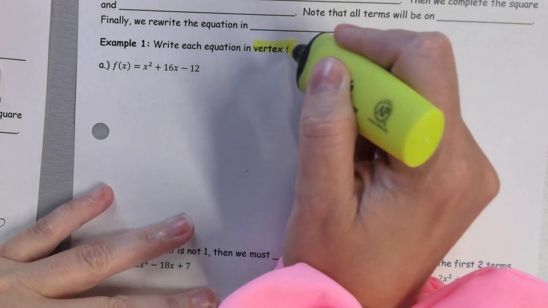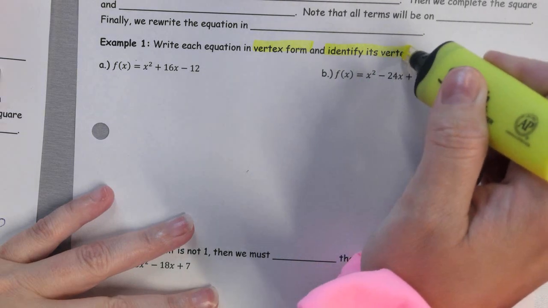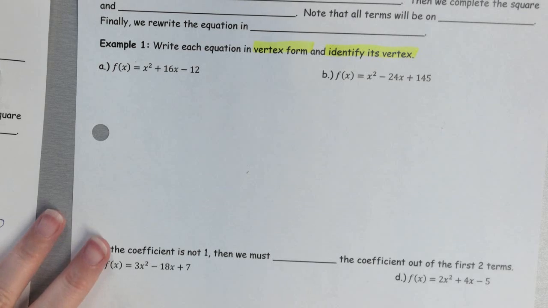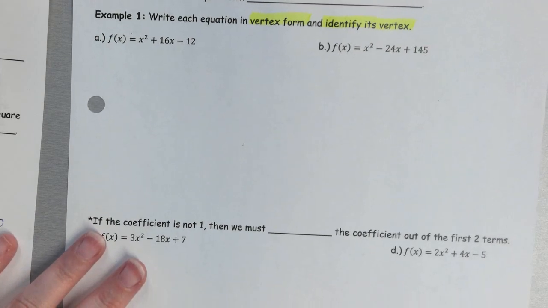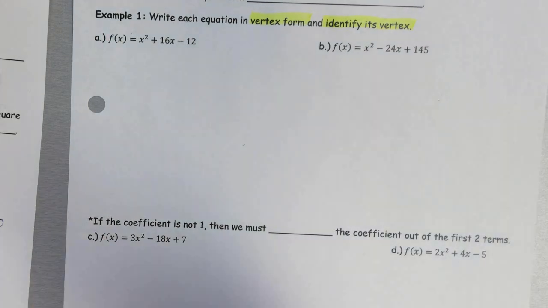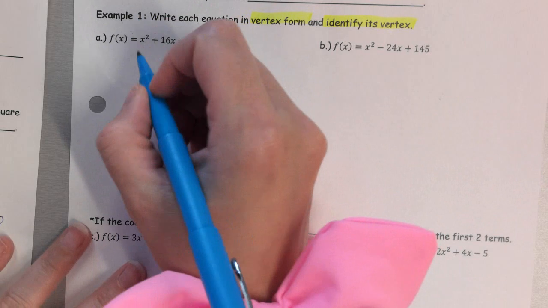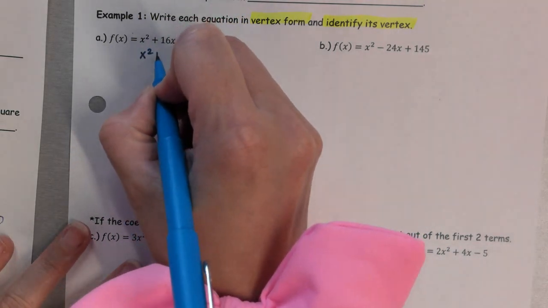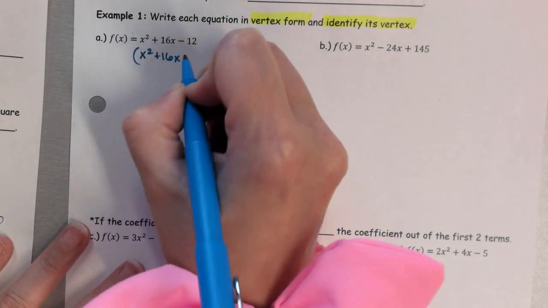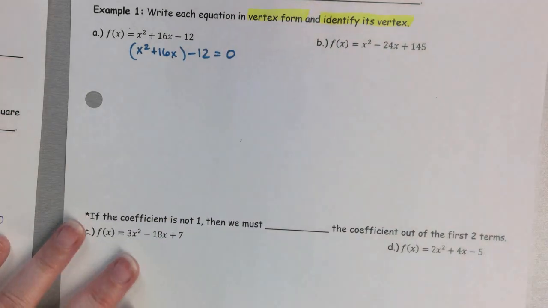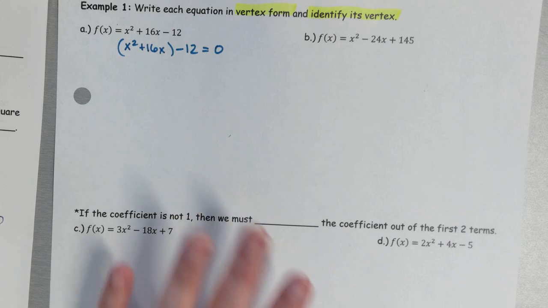Okay, so vertex form, identify the vertex. Those are the 2 things we're going to do. All right, so let's do this according to the steps that we just wrote down. So the first thing it says is to set the equation equal to 0 and group variable terms. So when you are grouping the terms, these 2, minus 12 equals 0, this would be your first step.